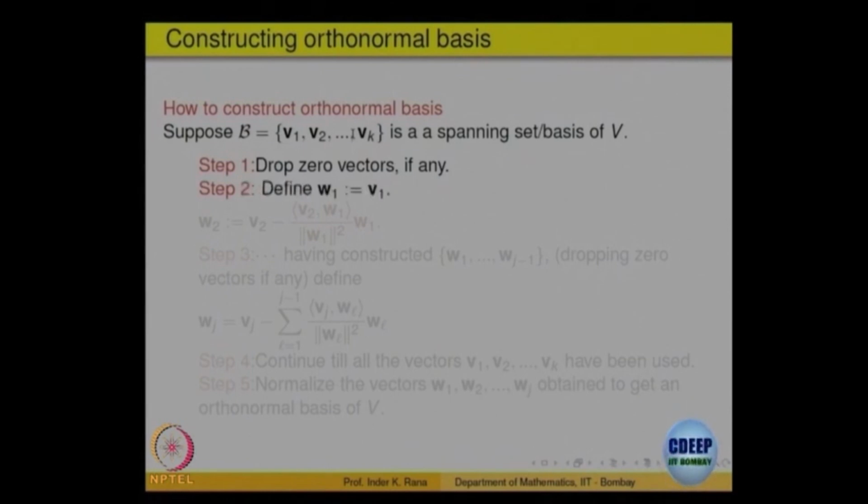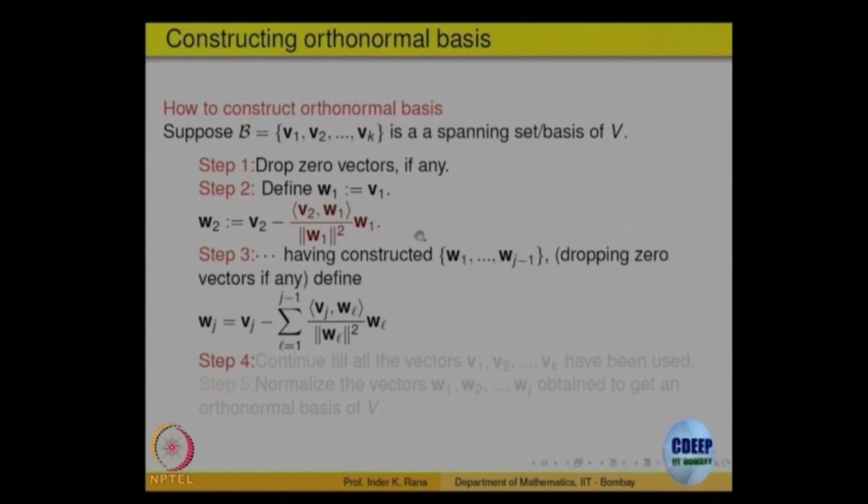Next we define inductively W1 to be V1, and define W2 to be V2 minus the projection of V2 on W1. That projection is removed so that the difference is orthogonal to W1. At every stage we go on removing the projections onto the previous ones which are defined.